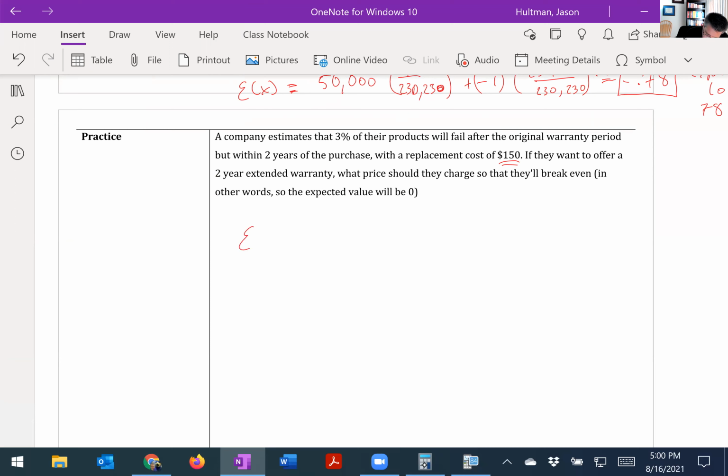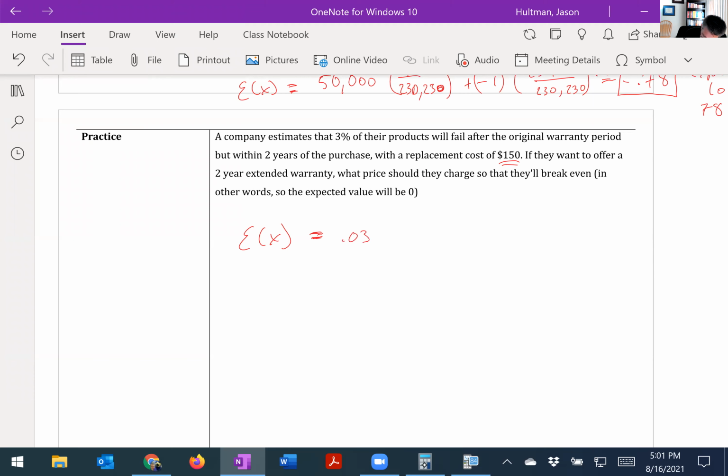Okay, so let's find out what is the expected value here. So we want to know what should they charge? Okay, 3% of the time, they're going to have to pay out $150.